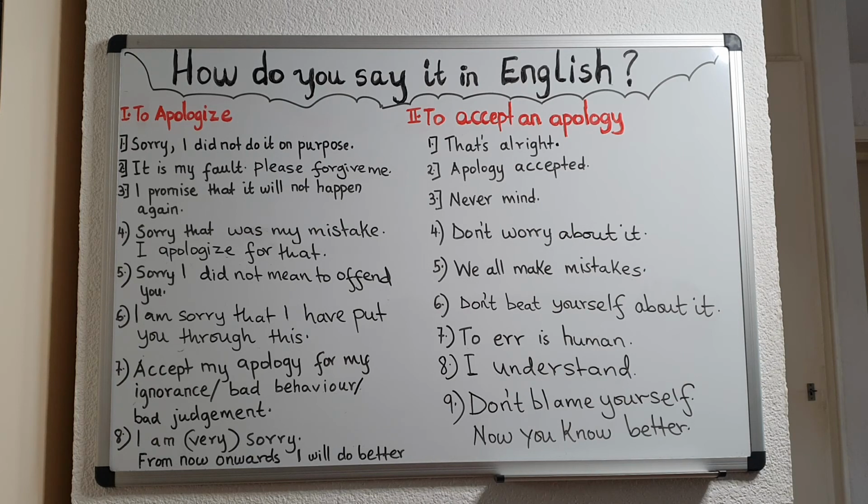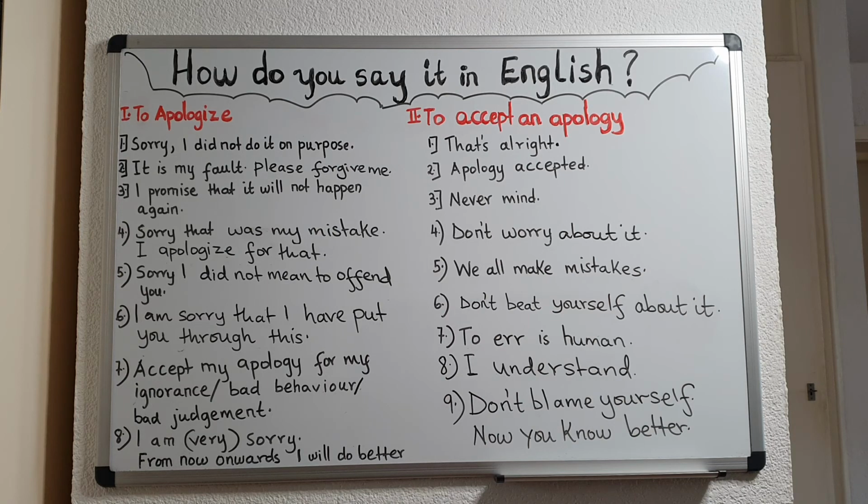Then you can say, we all make mistakes. So what you mean here is that don't worry about it because I make mistakes too. Okay? So in other words, you accept the apology, but you're trying to make the other person not feel so bad about the fact that they've hurt you. You say, come on, we all make mistakes.